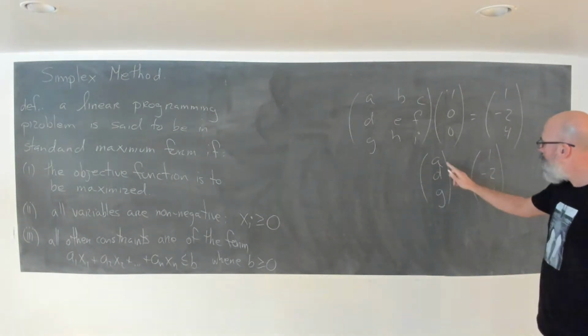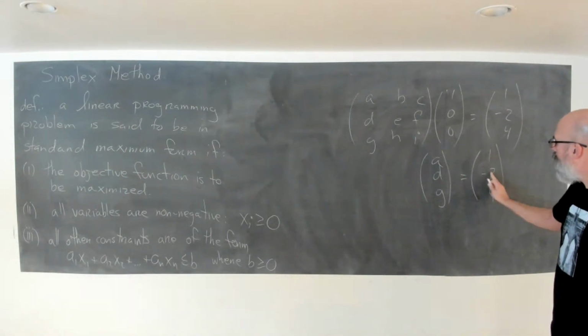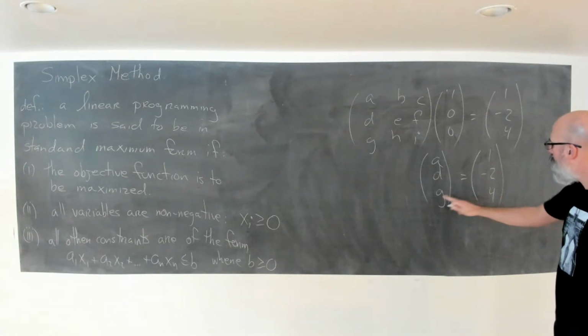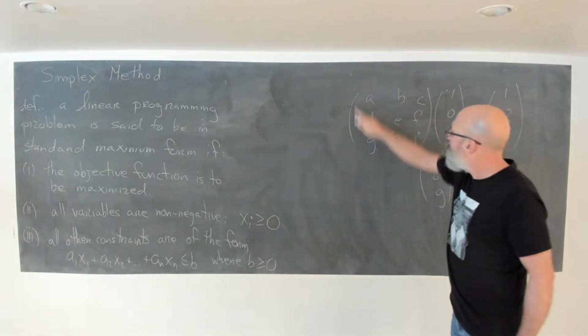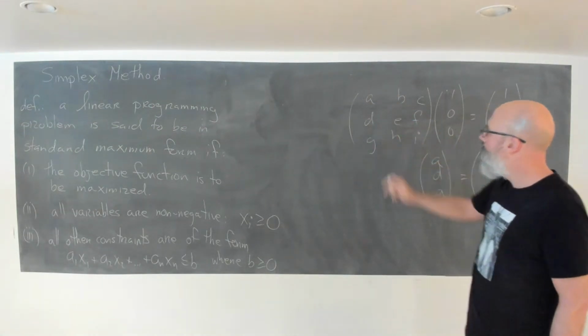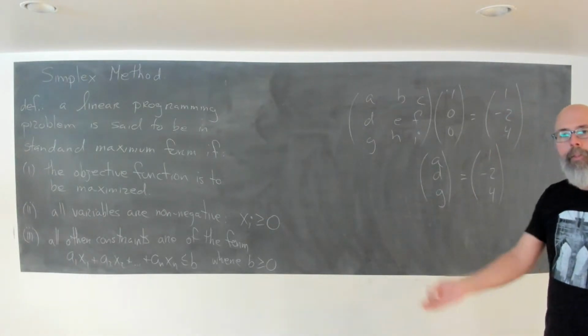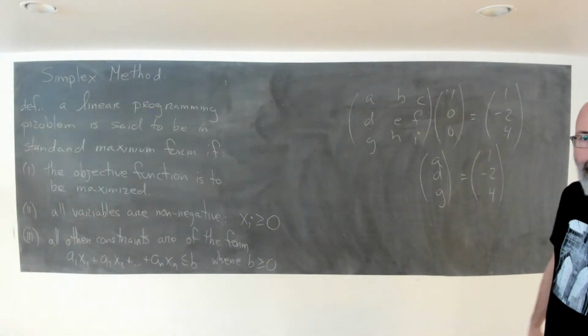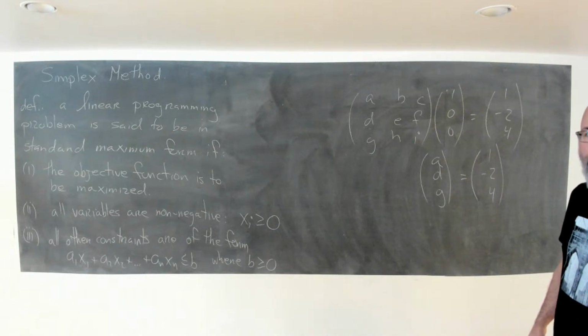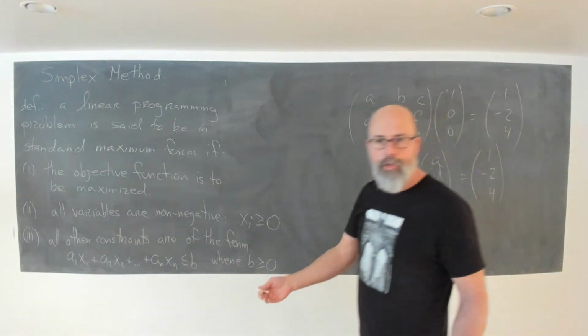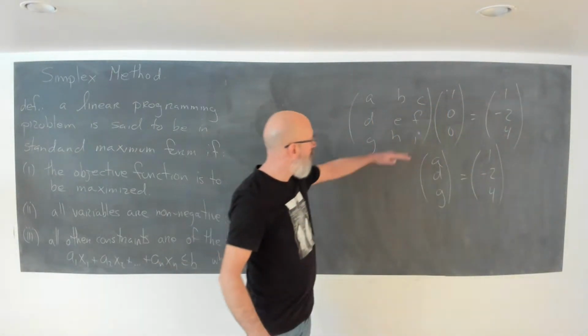In order for these to be equal, A has to be 1, D has to be minus 2, G has to be 4. So 1, minus 2, 4. And then do the other two. You're good to go. So nothing is assumed. We didn't know what the matrix was.